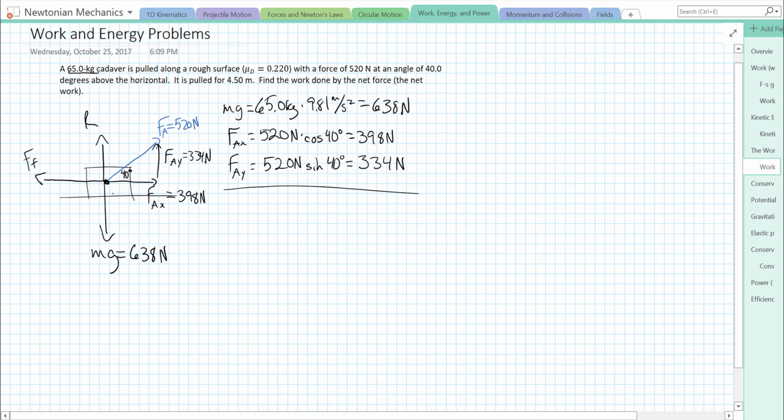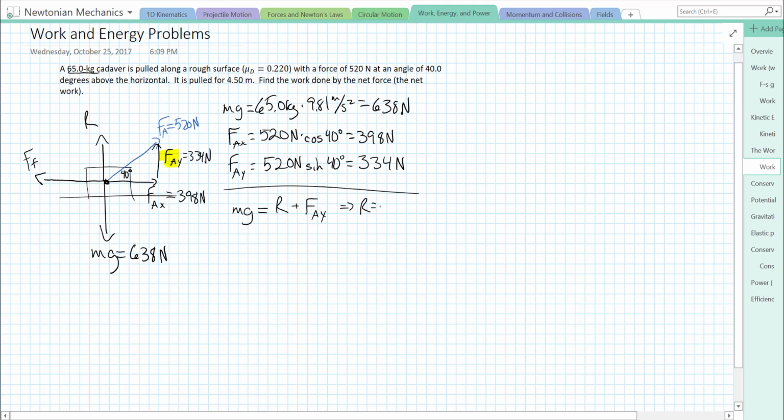So now I can find the normal force. The normal force is not equal to mg. They do not cancel because there's another force acting. If there were not this y component of the applied force, then the normal force would equal mg. However, because we're partially pulling up on the object, the normal force does not have to be as strong. We do know there is no up-down motion, so gravity doesn't cancel with the normal force alone, it cancels with the combination of the normal force and the y component of our applied force. So we can solve for r.